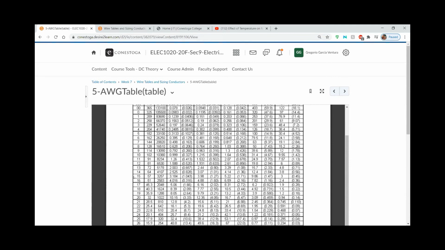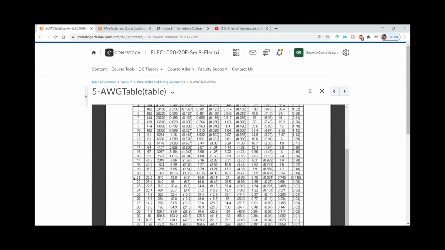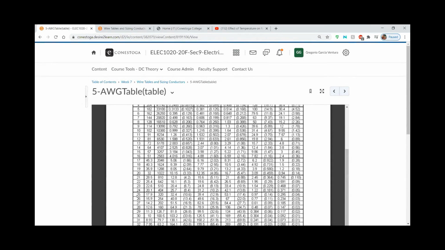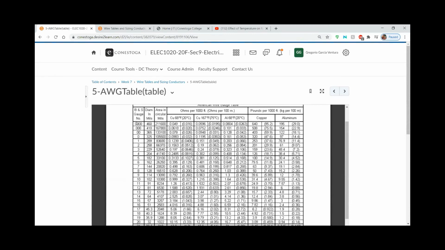However, be aware that there's a lot of stuff out there, like coils, relays, solenoids, a bunch of stuff that use very, very small conductors, and also small transformers and motors that use small currents. In our case, we are going to use this table just for basic voltage drop calculation.